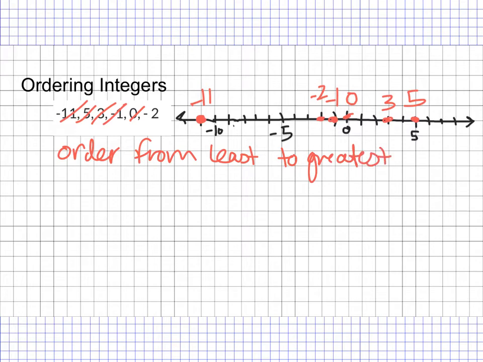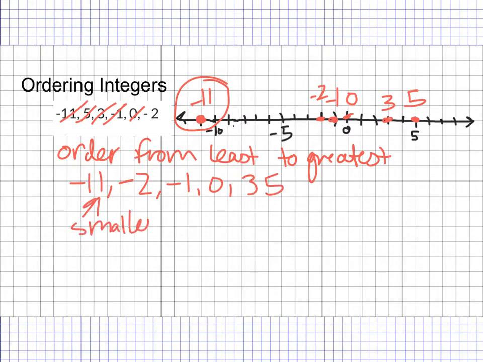So that means that we need to start with our -11 because that is the smallest number on our list because it is further to the left on the number line. So we're going to do -11, then -2, -1, 0, 3, and 5, with -11 being my smallest and 5 being my biggest number.